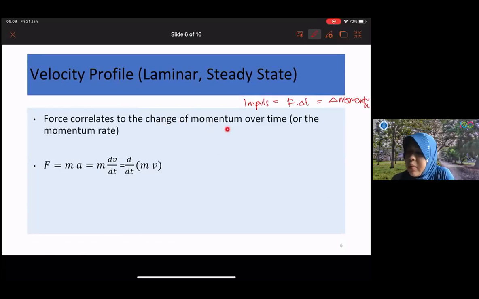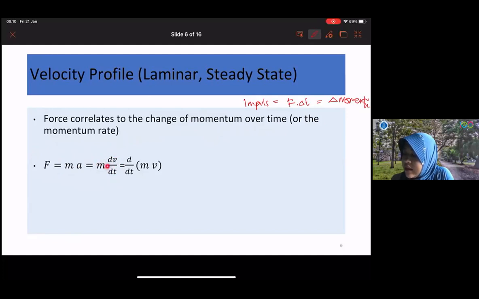Why? Because force is mass multiplied with acceleration, and acceleration is the derivative of velocity with respect to time.